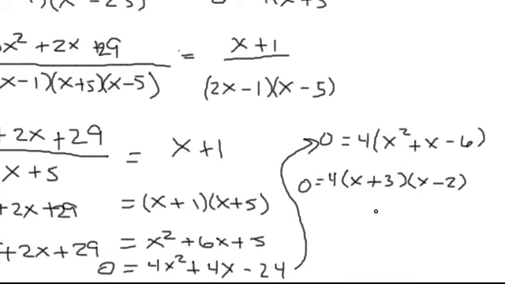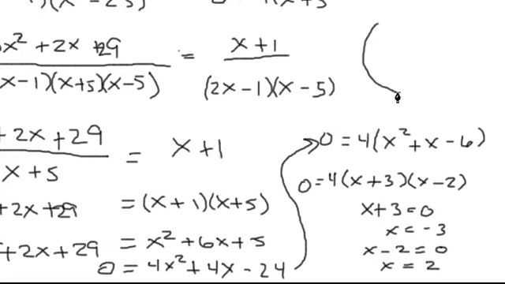So we set each one of these factors equal to 0 and solve for x. So it looks like x is going to be negative 3 in this case. And then we have x minus 2, and looks like x is equal to 2.